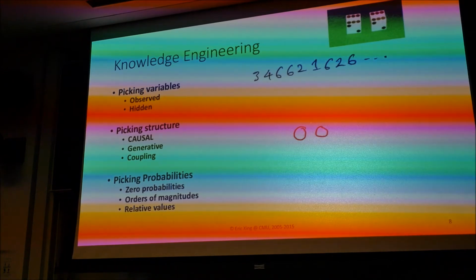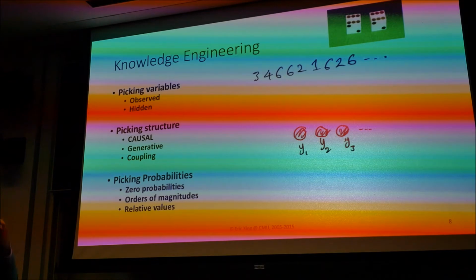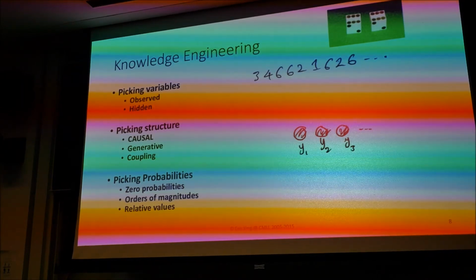I'm going to use circles. So this is y1, y2, y3, and so on and so forth. Y is the value of the dice that I've seen. Now, this is observed. What is unobserved? Yes, exactly. Which dice is used? He's picking one dice and flipping it. So let's call that x.